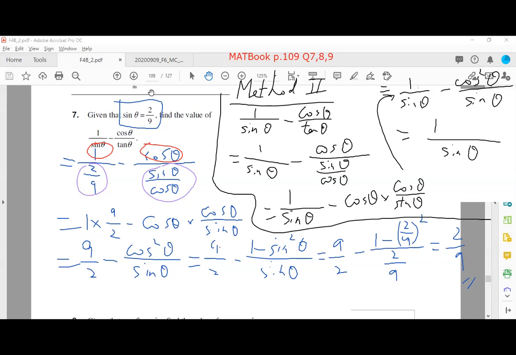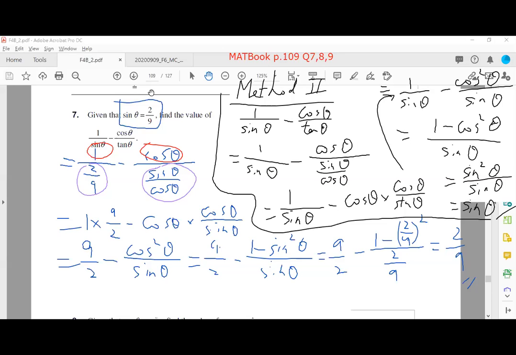What is remaining on the top is 1 minus cosine square theta. Okay? But 1 minus cosine square theta is just equal to sine square theta. And then divided by sine theta. So the upper part is power 2, the lower part is power 1. So we cancel one of the power. So what is remaining is just sine theta.